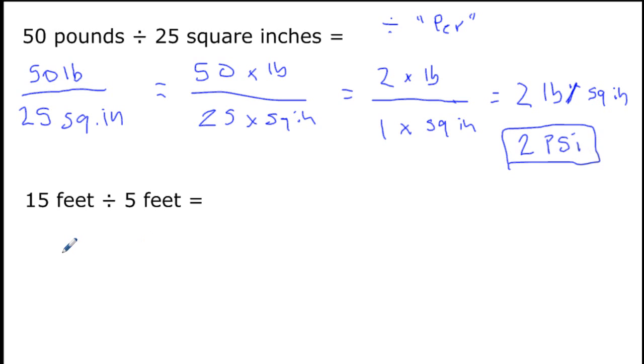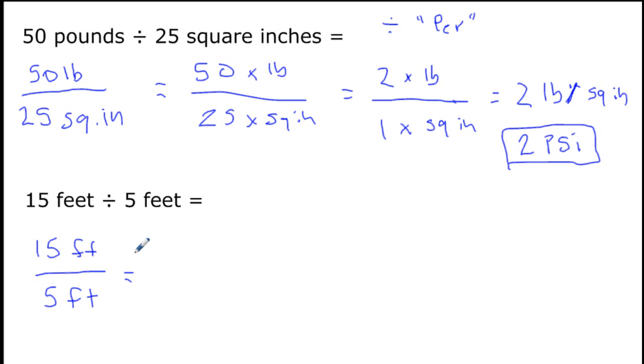Okay, what about this one? 15 feet divided by 5 feet. So we'll start just by writing this as a fraction. This is 15 feet divided by 5 feet. Let's just think about simplifying this fraction.